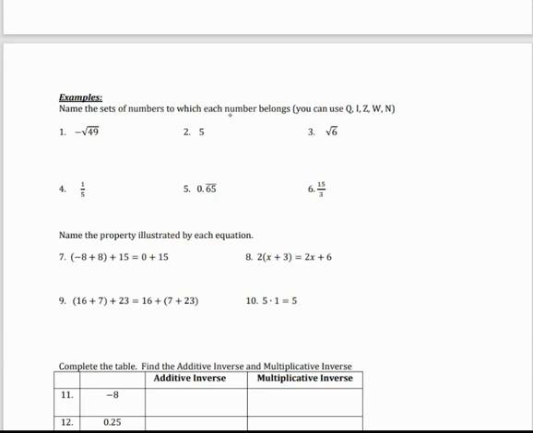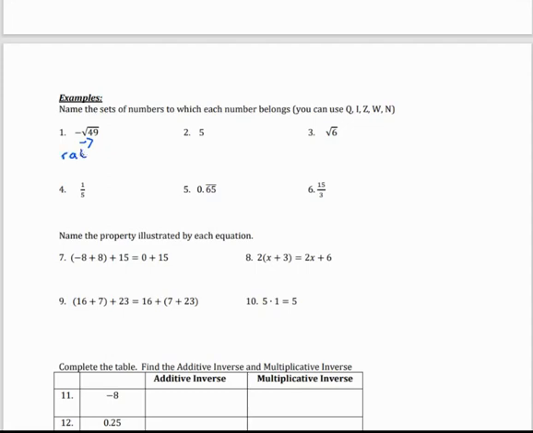Name the set of numbers to which each belongs. And again, if you want to use shorthand with Q, I, Z, W, and N, feel free to do so, or you can actually write them out as rational, integer, and so forth. So negative 49, can I simplify that? I can. It's the same thing as negative 7. So what is that? Is that a rational number? Yes, it is.